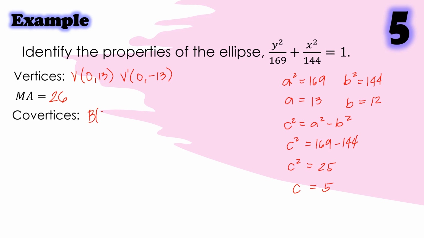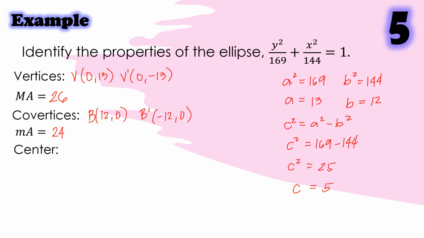The co-vertices will be at point B, 12, 0, and B prime, negative 12, 0. The length of the minor axis is 2b, then we have 2 times 12, that is 24.